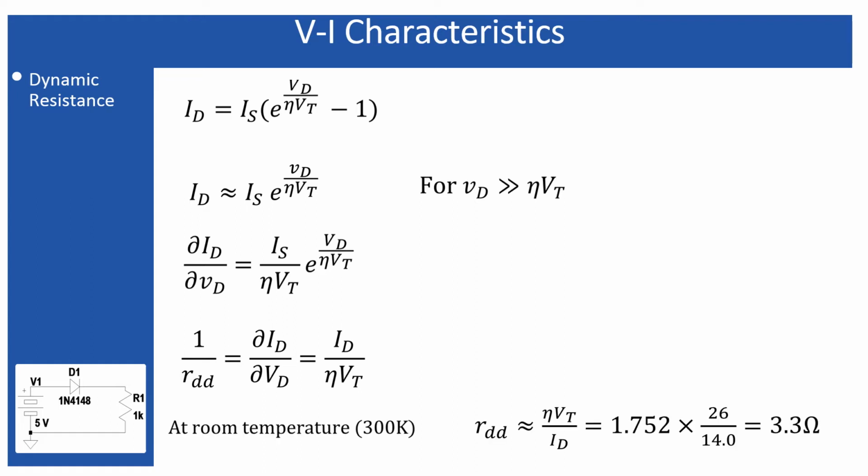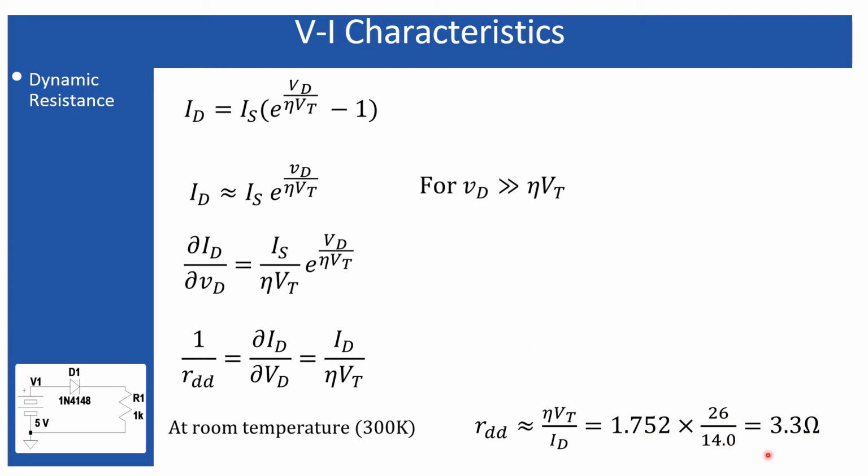Now in our example, where I have used this 1N4148 diode, let's check what the dynamic resistance is. At 300 Kelvin the thermal voltage is around 26 millivolt, and the ideality factor for this diode comes directly from the SPICE model, which is 1.752, and the current at which I am going to calculate this dynamic resistance is exactly the one I used to calculate the static resistance in my last slide.